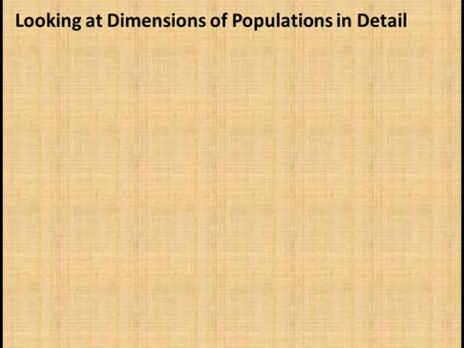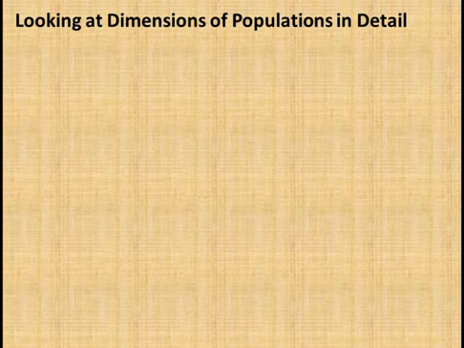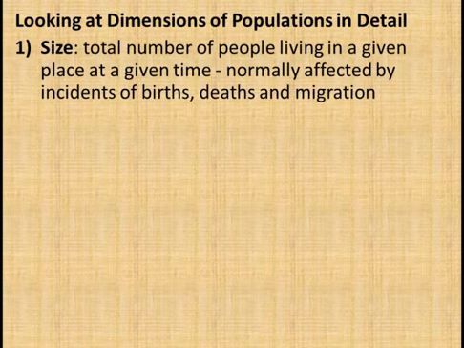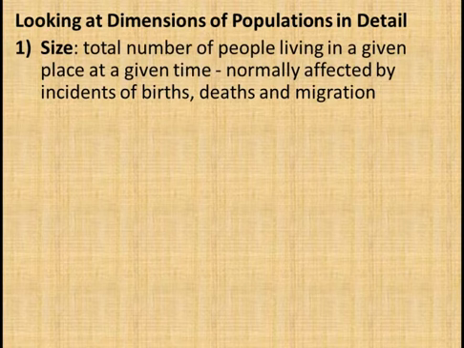We will start by looking at the dimension of size. We have already seen that by size we mean the total number of people living in a given place at a given time.